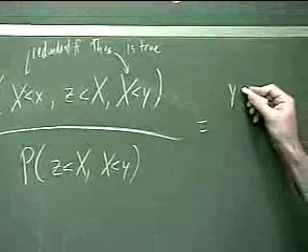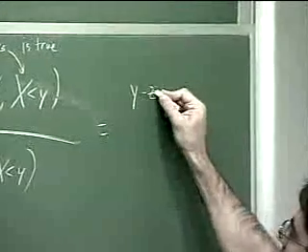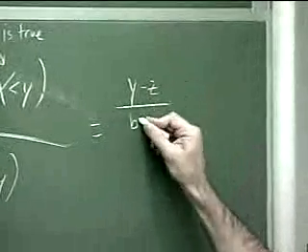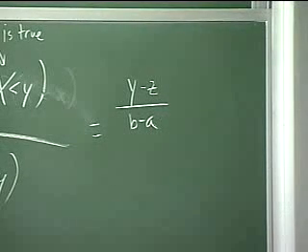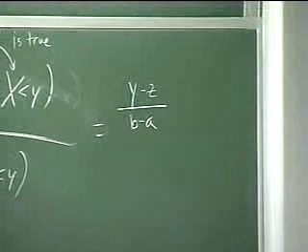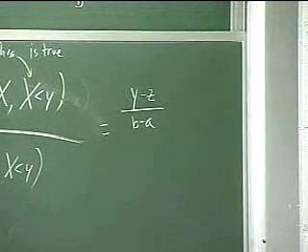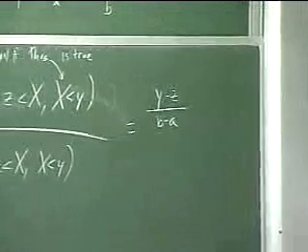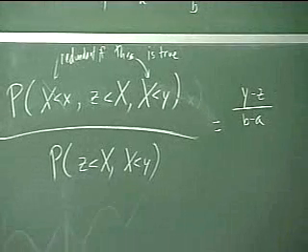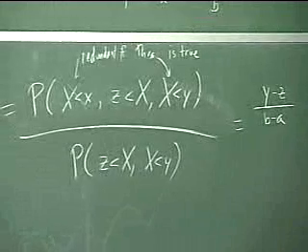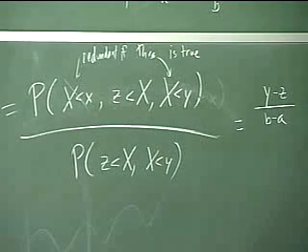I think it's y minus z over b minus a. Yeah. And the denominator, wait, where z is less than y is less than x. Of course, it's going to come out to be 1, right?